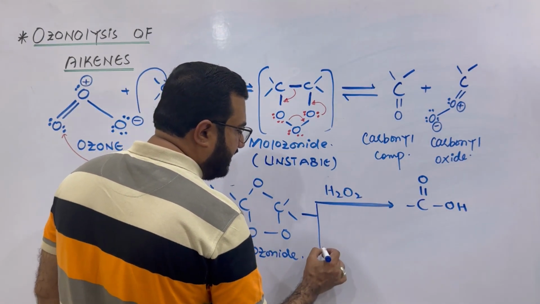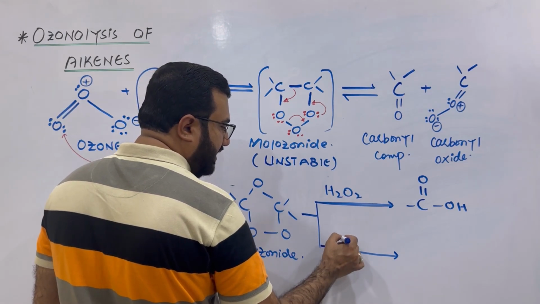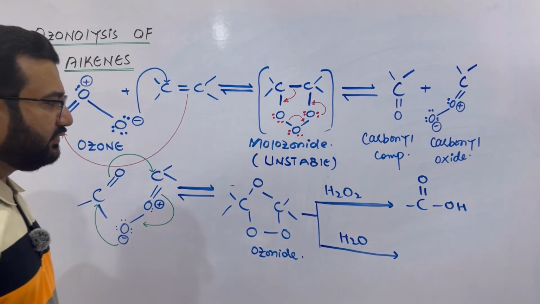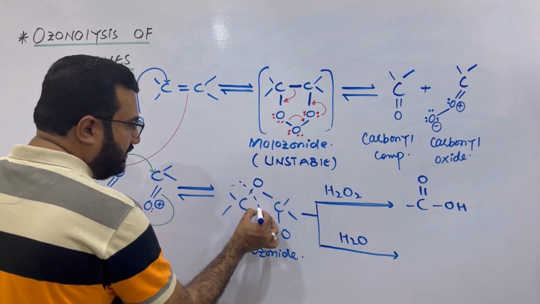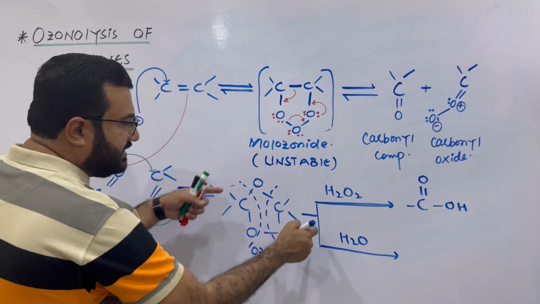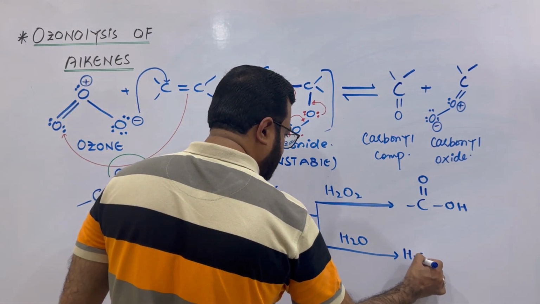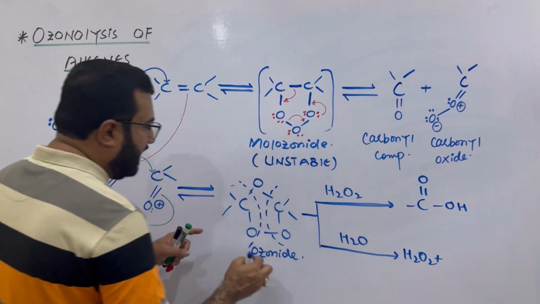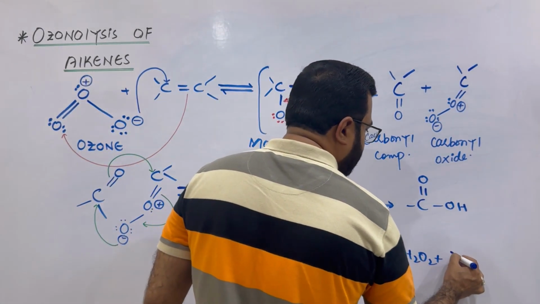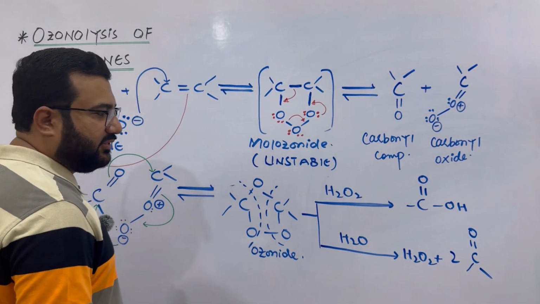But this is very rare because mostly the reductive workup is carried out, and for that reductive workup we use a solvent like water. And my dear students, now this compound will get cleaved. Oxygen will be given to this carbon, and it will be changed to H2O2, and finally these two portions are basically the two carbonyl compounds, and you will get the two carbonyl compounds.